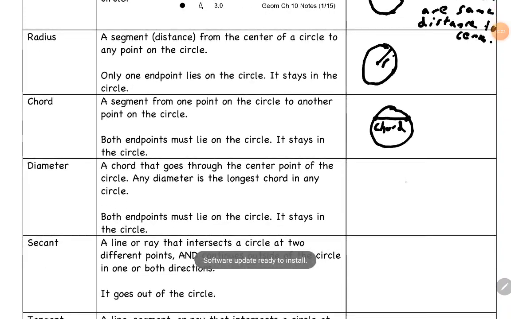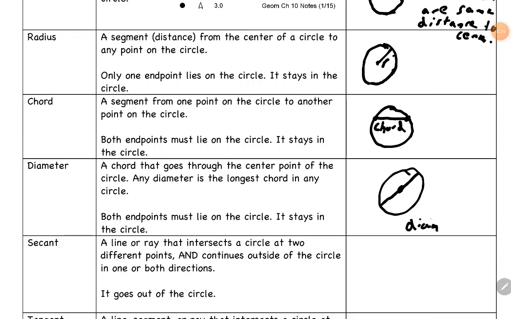A diameter is a chord that goes through the center of a circle.